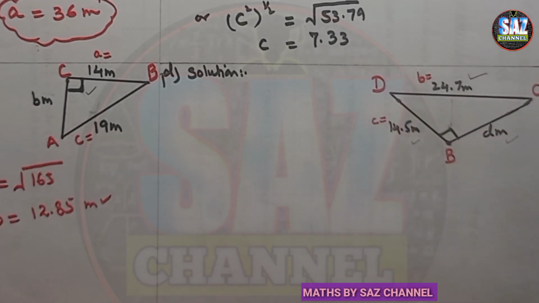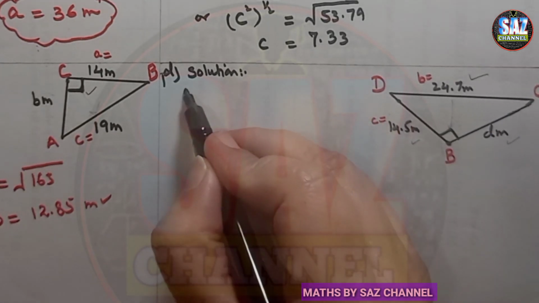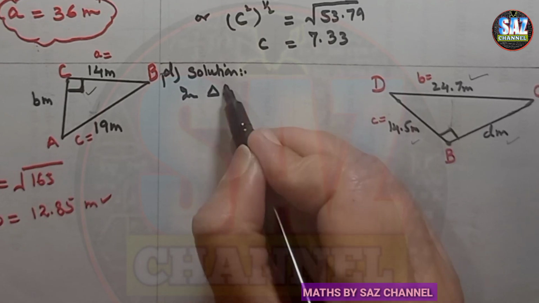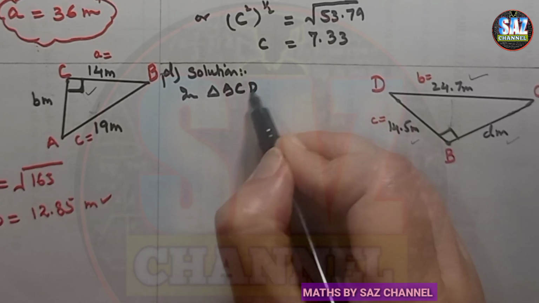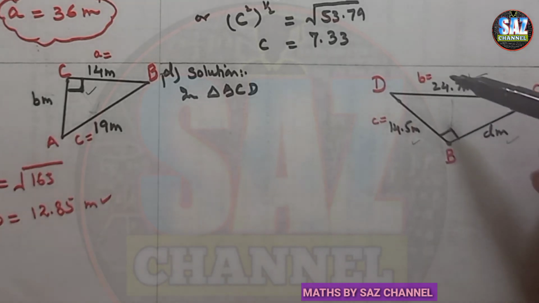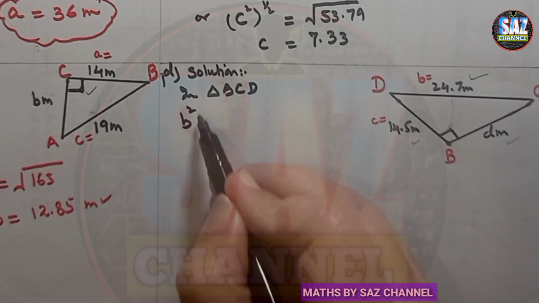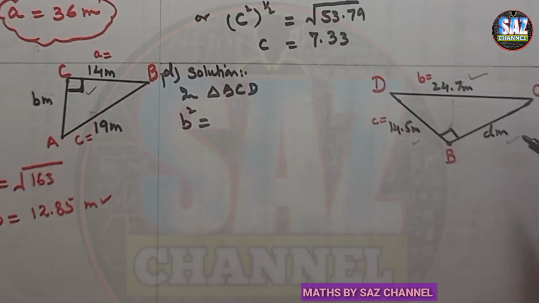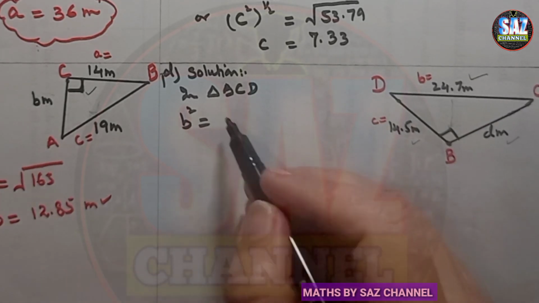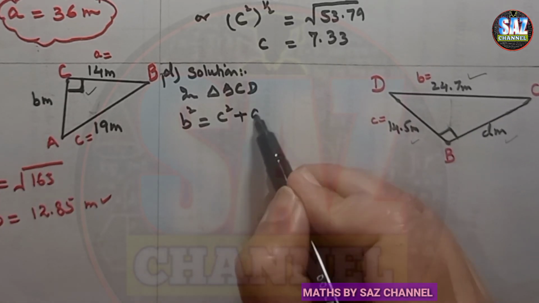Now apply Pythagoras theorem according to the situation in triangle BCD. B square, because that is the hypotenuse, equals C square plus D square.